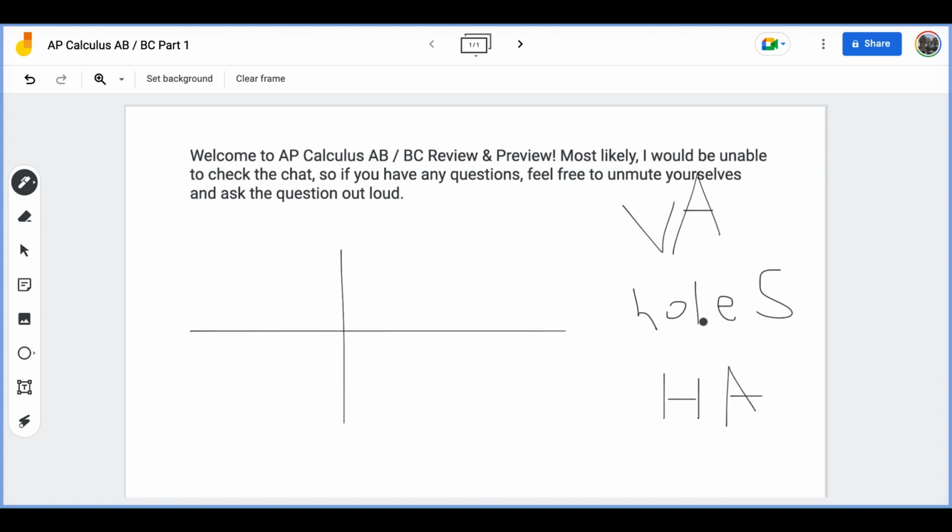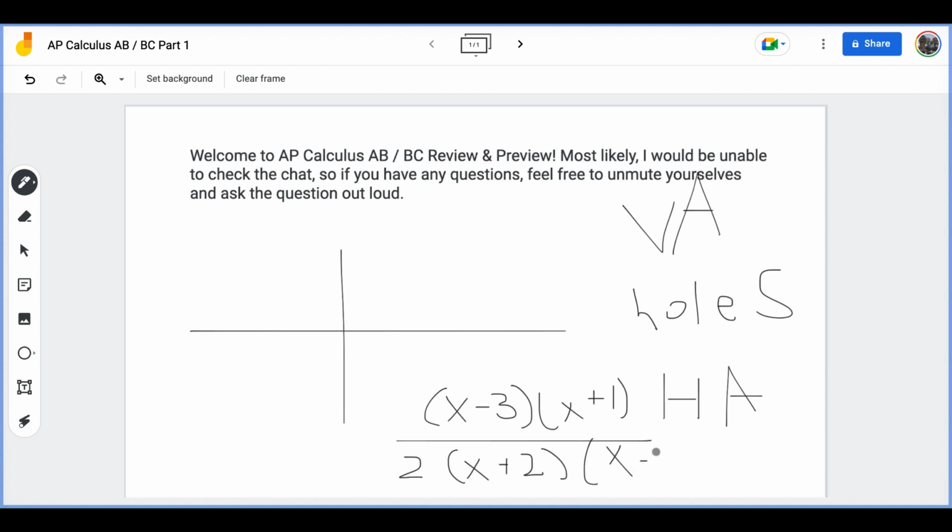So vertical asymptote, let's start with that. Let's say it's a function x minus 3 times x plus 1 over 2 times x plus 2 times x minus 3.